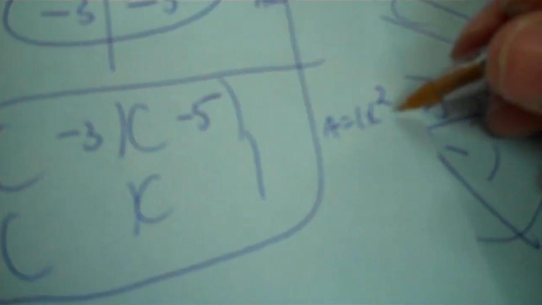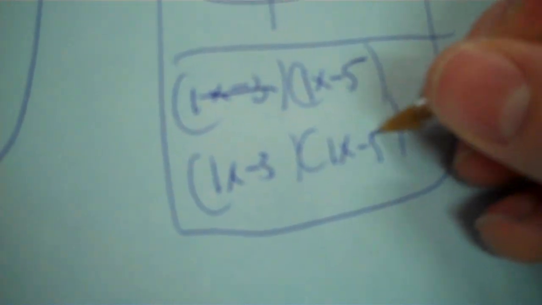It's negative 8. A is 1x to the second, okay? 1 and 3. This becomes this, okay?